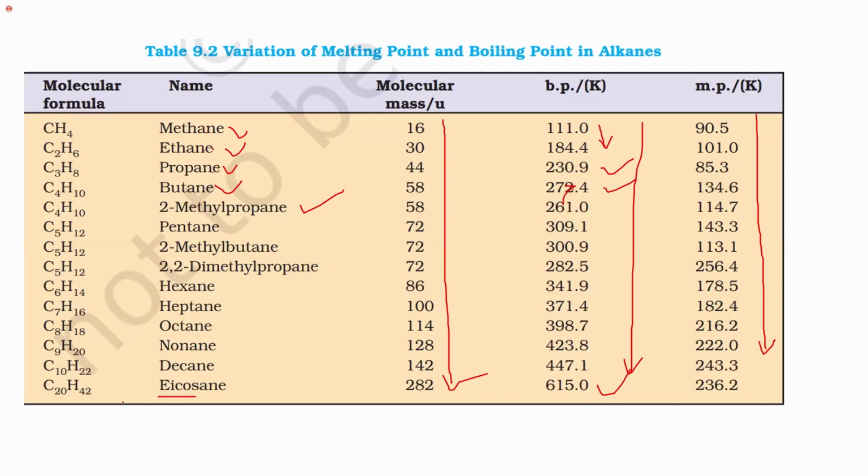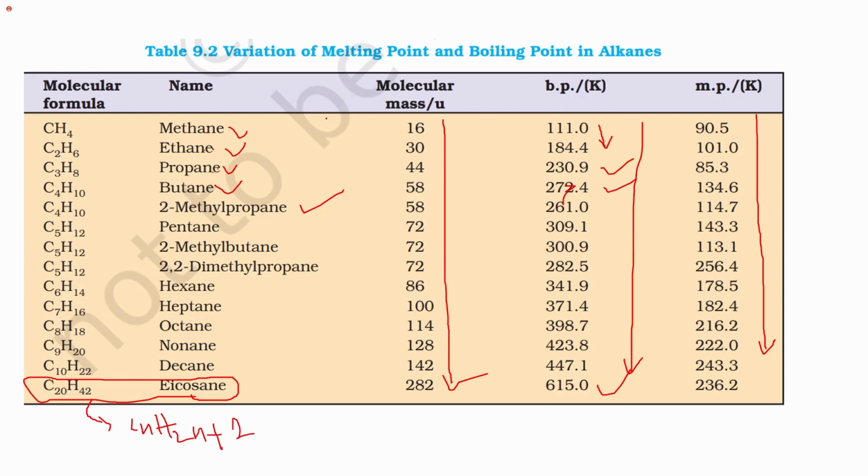That is C20, where the number of carbons is 20. And you know the alkane general formula is what? CnH2n+2, right?